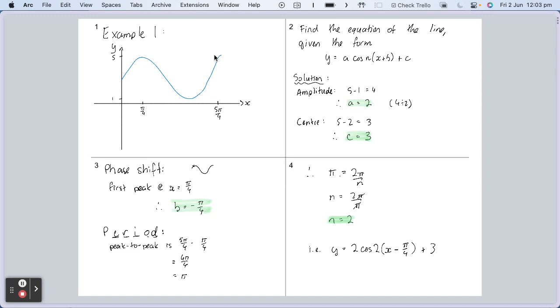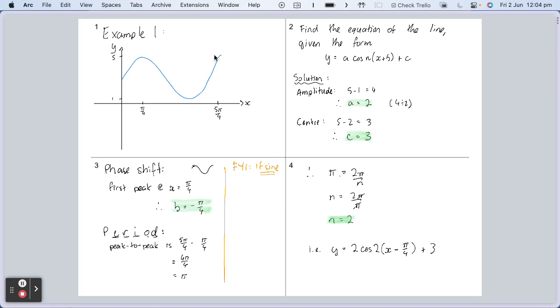Just FYI, I'll do it in a different color here. Let's just say if the question was find the equation in the form a sine n blah, blah, blah.